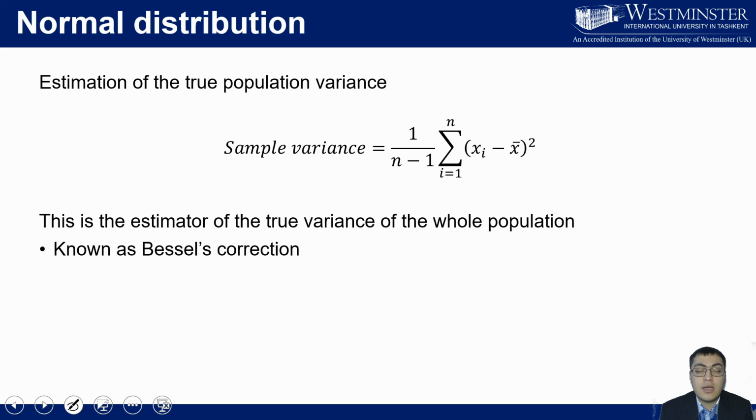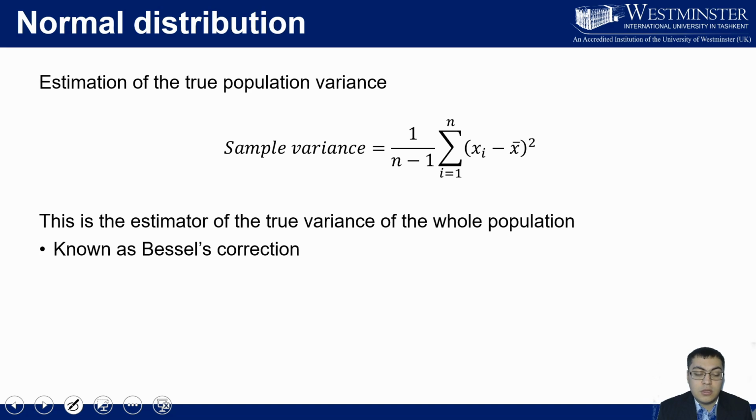But usually that is not going to be feasible, either because of a time constraint or a cost constraint. So what we do is we take a small sample from the whole population. For example, if we wanted to know the average height of people in Uzbekistan, we cannot go around and ask each and every single one of them. It is infeasible from a time and cost perspective.